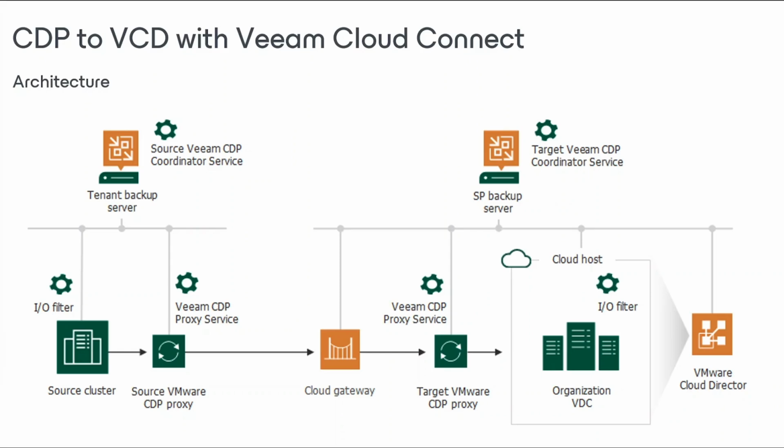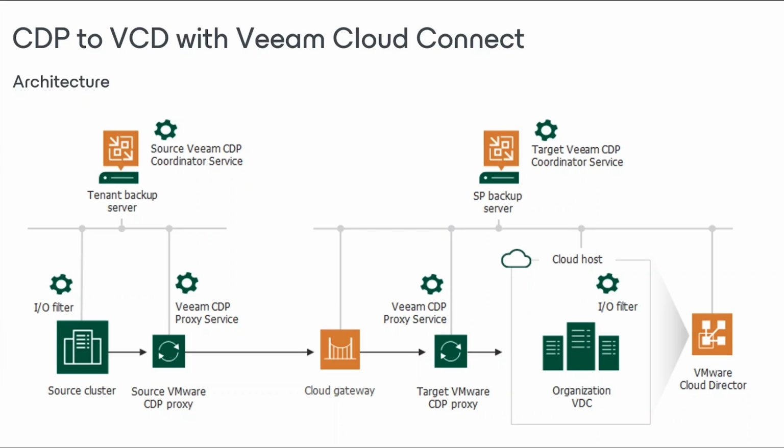The tenant then registers on their backup server with the service provider, and can create CDP policies targeted at the cloud host. Again, the cloud host in this case represents the remote VDC resources previously defined by the service provider.